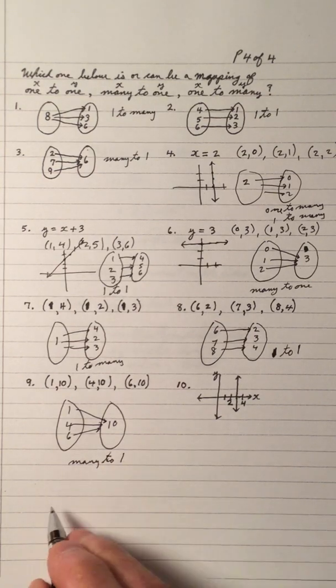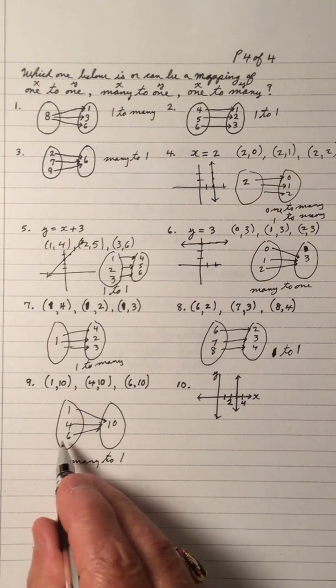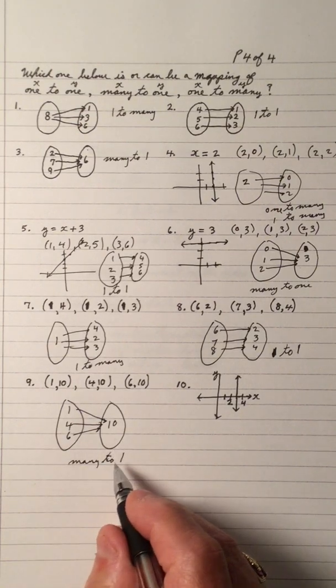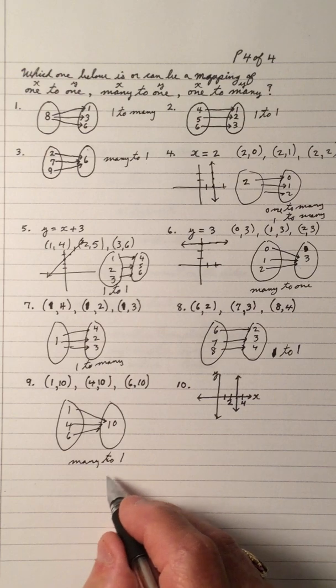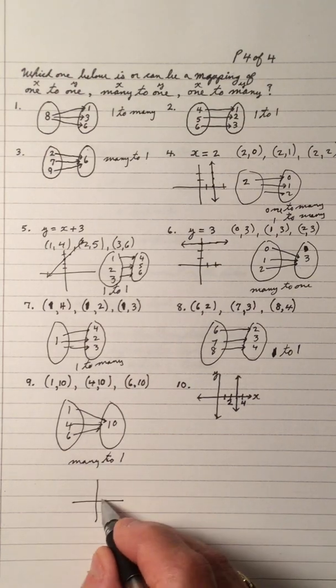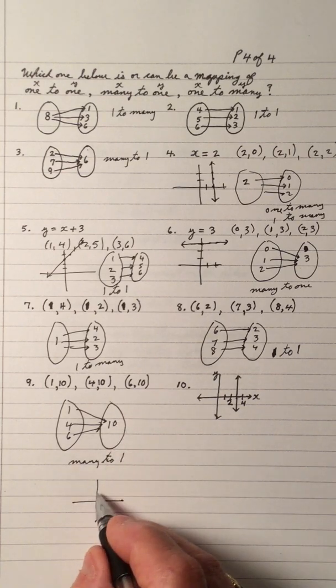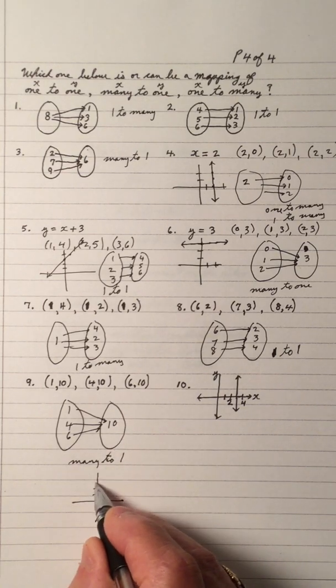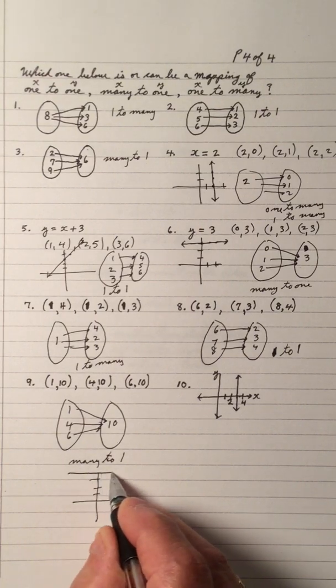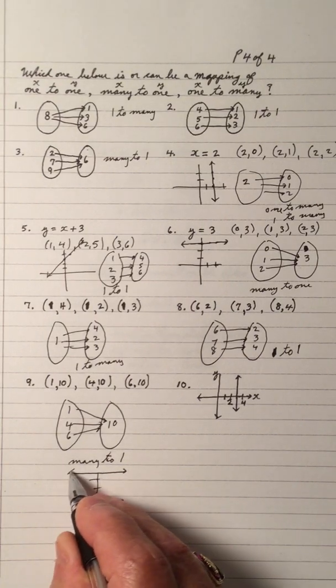Sorry, many x's going to 1 y would be a horizontal, not a vertical.